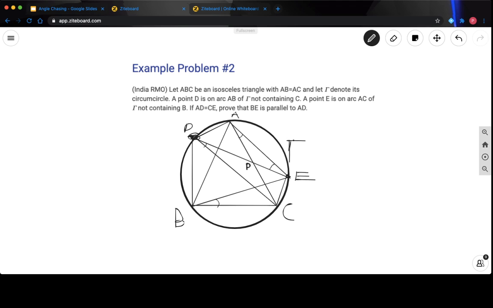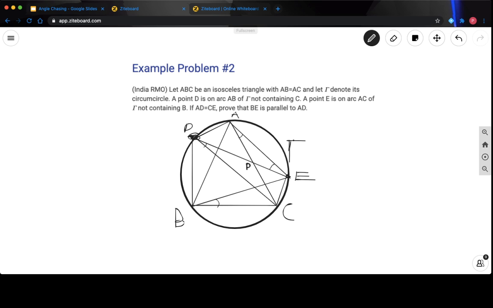Notice that angle EAC cuts off arc EC. Since arc EC is equal to arc DA, then angle EAC must be equal to angle AED, right?